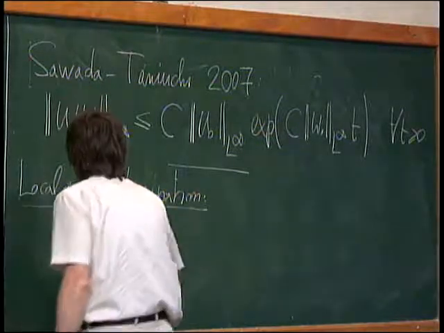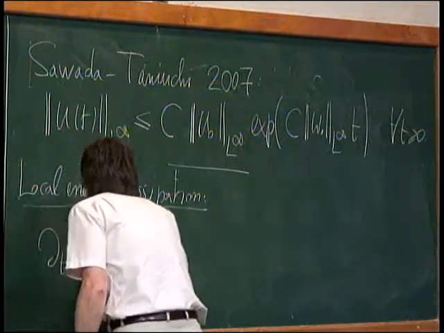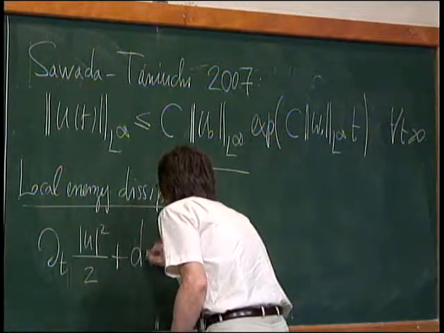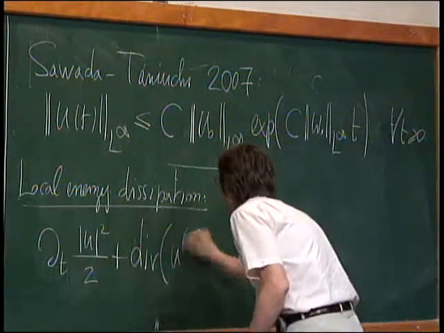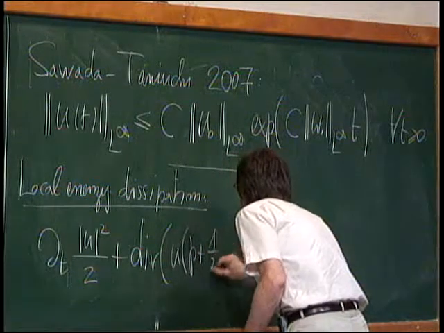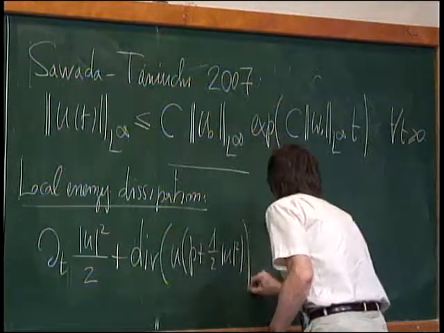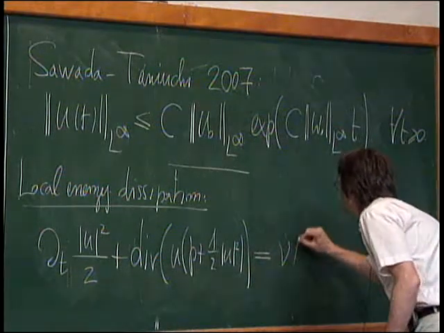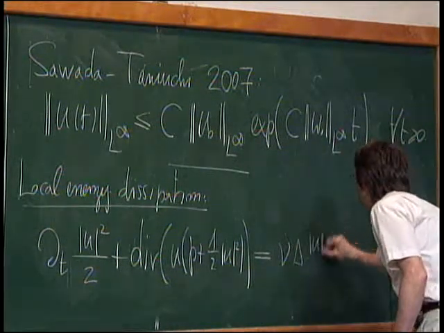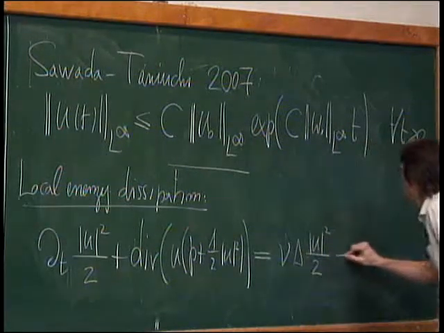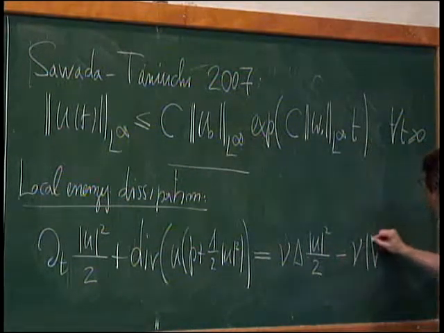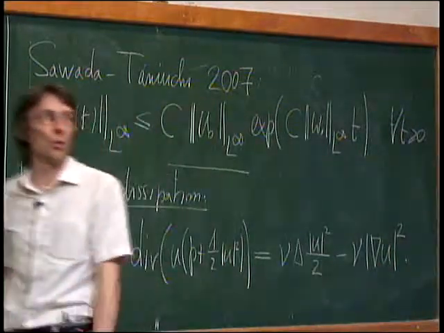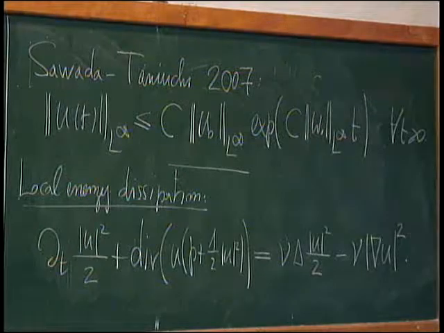So this is the time derivative of u squared over 2 plus the divergence of u times (p plus 1/2 u squared) is equal to some flux term which is viscous, so nu Laplacian of u squared over 2 minus nu times gradient of u squared. So any solution satisfies this identity for all x and for all t.